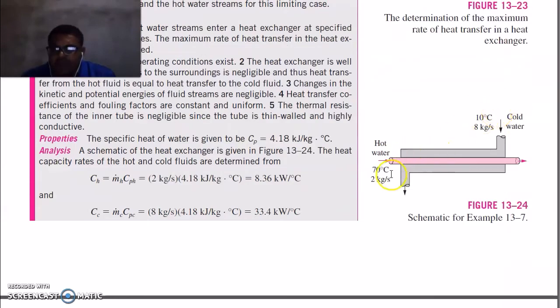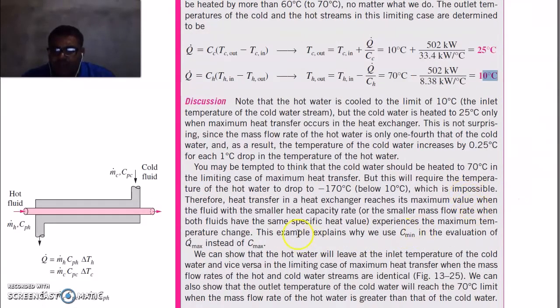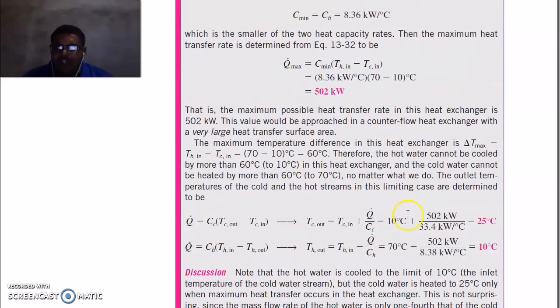Means the maximum heat transfer is when your hot fluid outlet temperature will be equal to this cold water stream inlet temperature, which is 10 degrees Celsius here. So by assuming this, we got this relation, which is true. But if we counteract this, we will select this value, which is impossible and which does not exist in the actual case. So our assumption is correct, that is C minimum is correct.